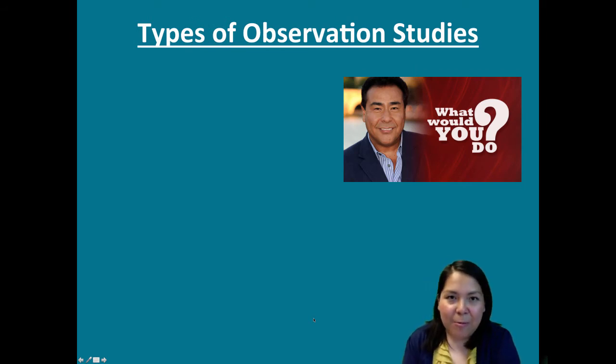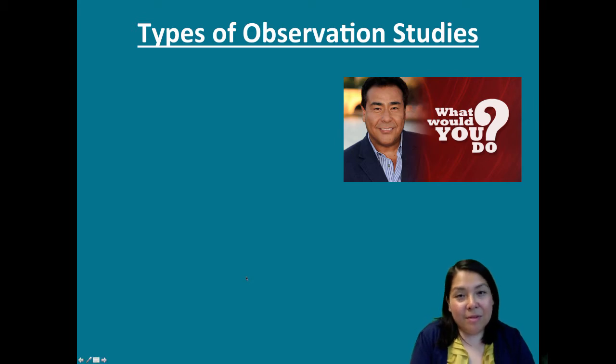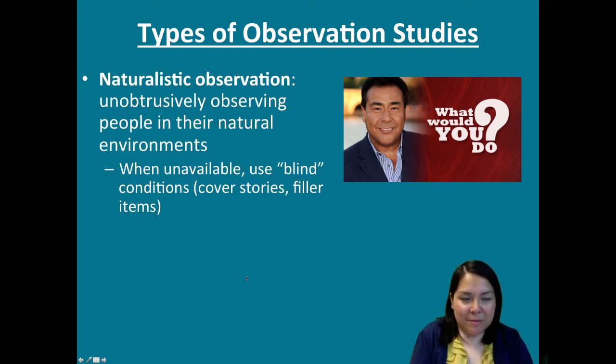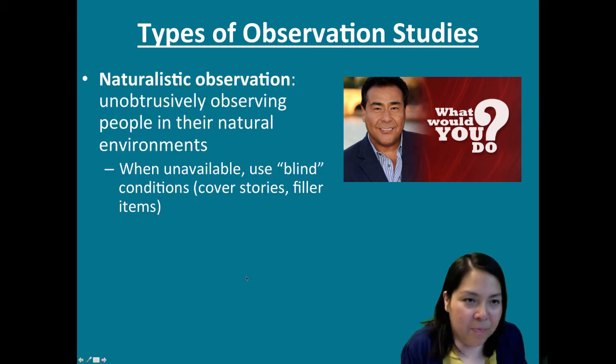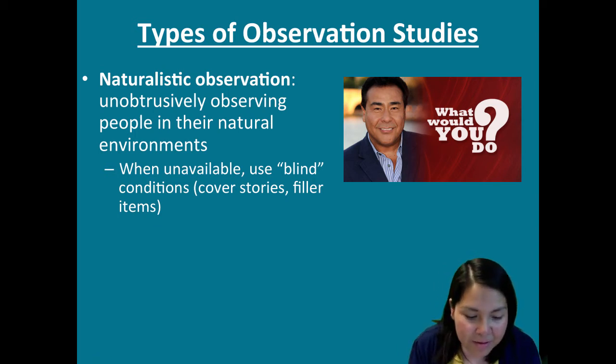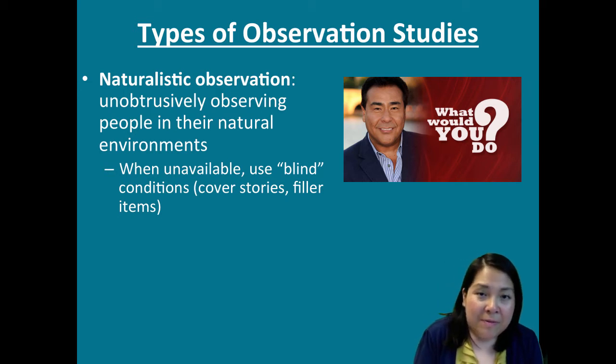Types of studies that we have within psychological research include observation studies. The types of observation studies include naturalistic observation, so just unobtrusively observing individuals in their natural environment.